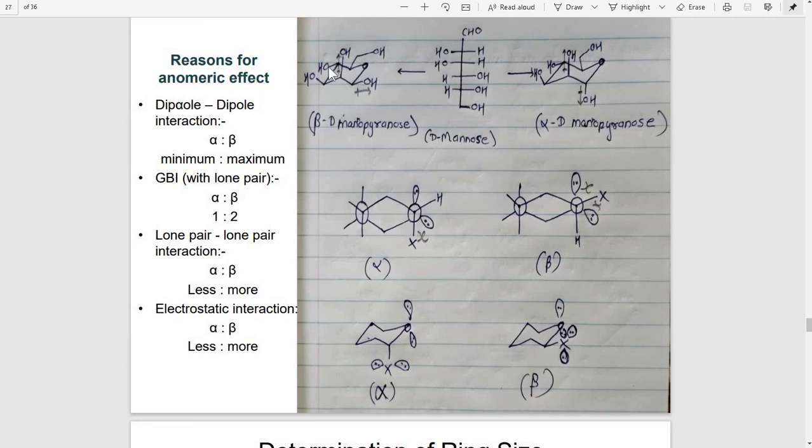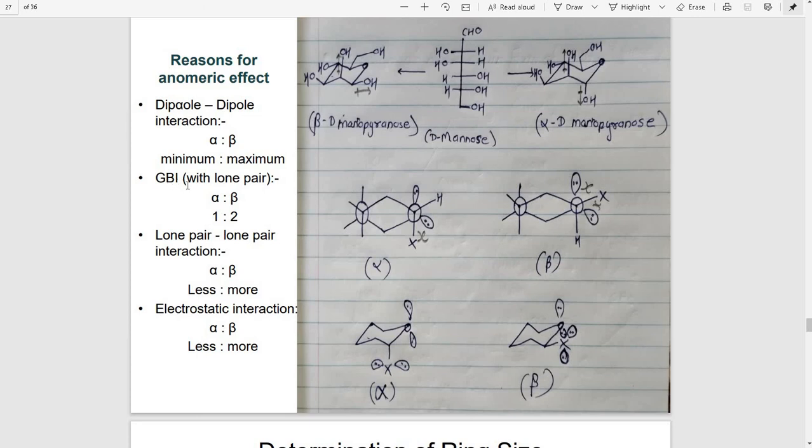That's why the dipole interaction is more. In the alpha compound, the dipole-dipole interactions are opposite to each other, so they cancel each other. The dipole-dipole interaction is very small. See here, the dipole-dipole interaction in alpha is minimum and in beta is maximum.